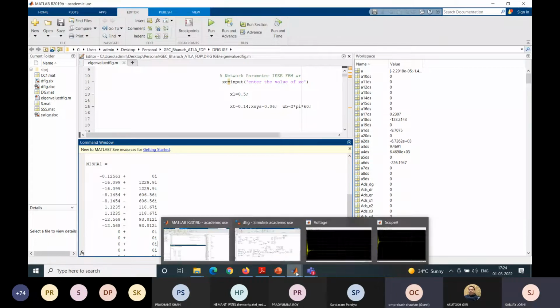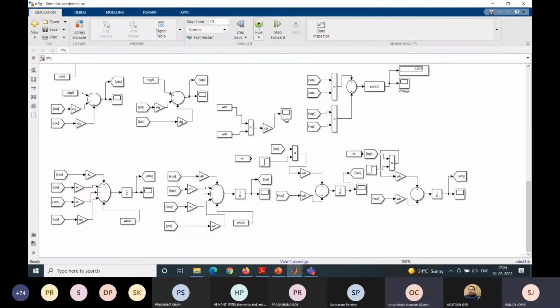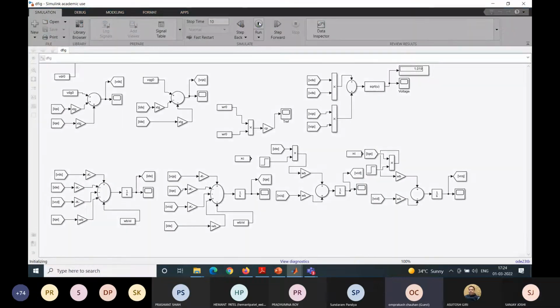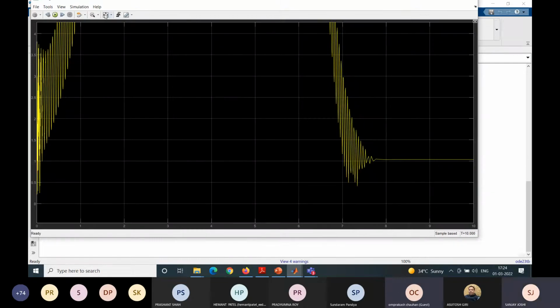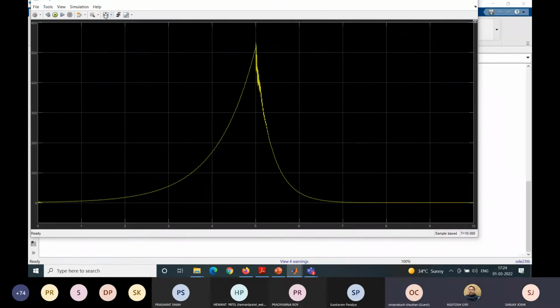Now I'll run that case. Here I have given a step change at 5 seconds. That's the reason why it is showing stable again. Otherwise, till 5 seconds it is showing unstable.